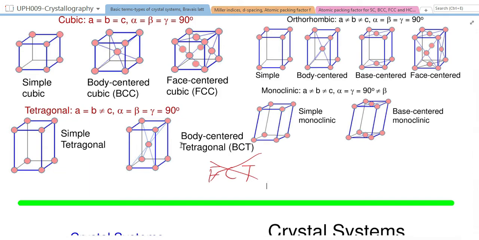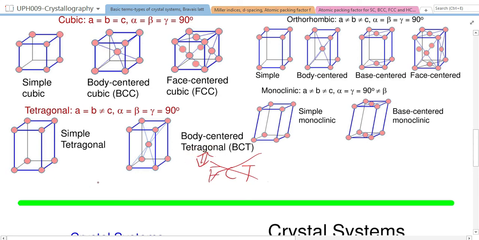I am leaving some part unanswered, but one part of that answer is, if you try to draw an FCT with atoms at the face centers, not at the body center, then you can see that body-centered tetragonal is actually there in face-centered tetragonal. So in other words, BCT and FCT are equivalent.